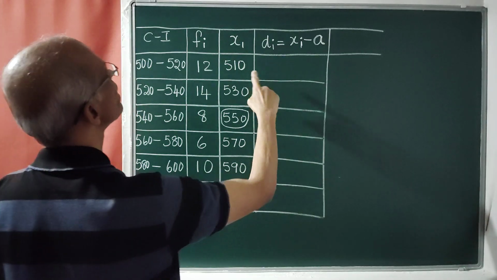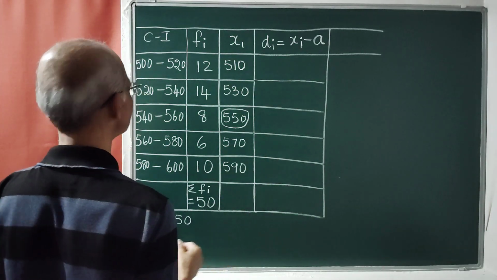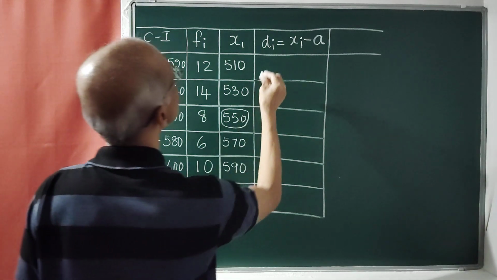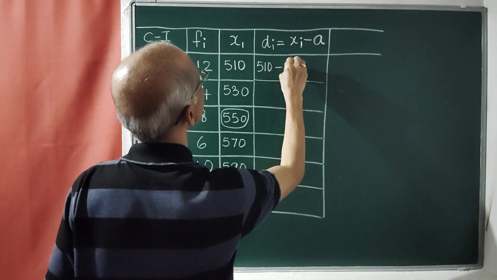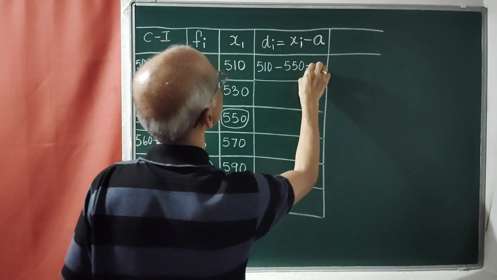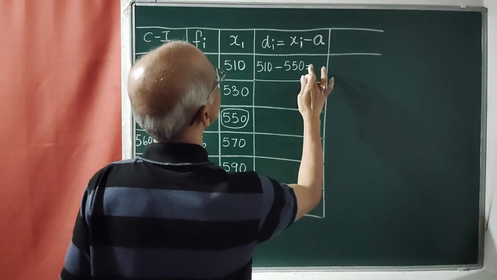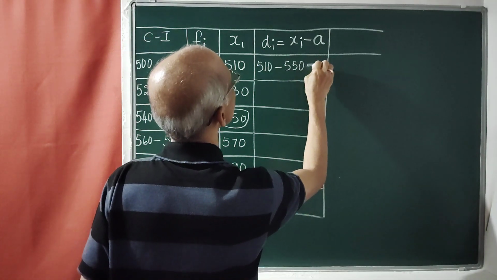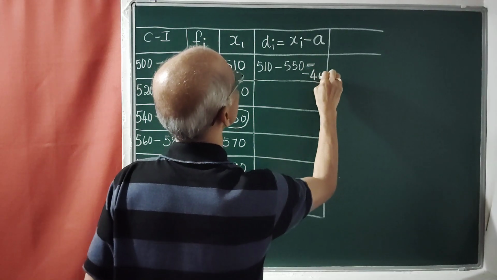That means xi is 510 minus 550. 510 minus 550. What we get? We get minus 40.